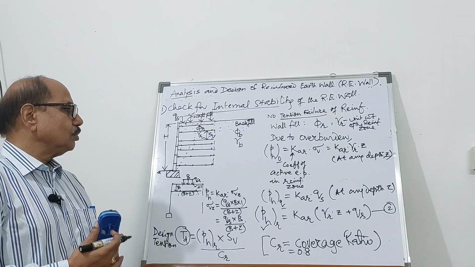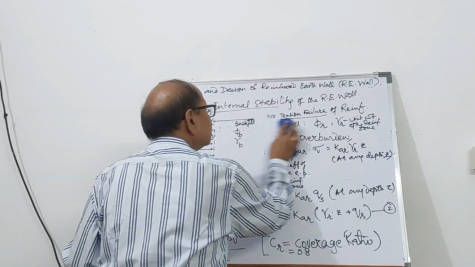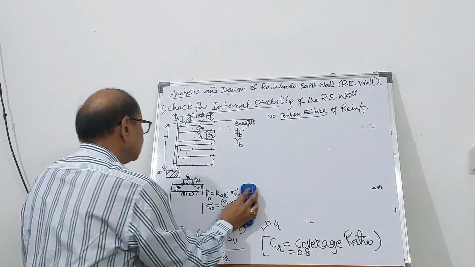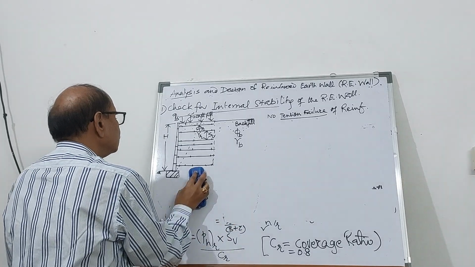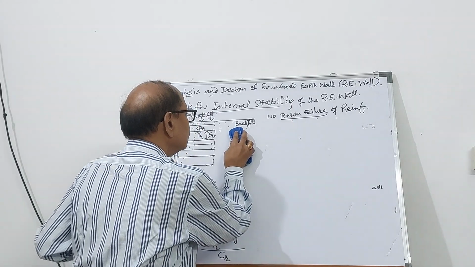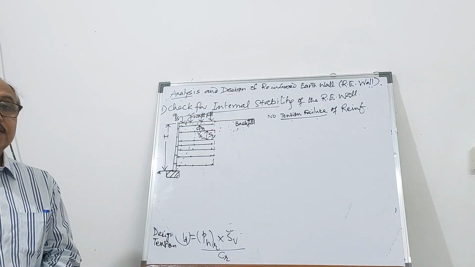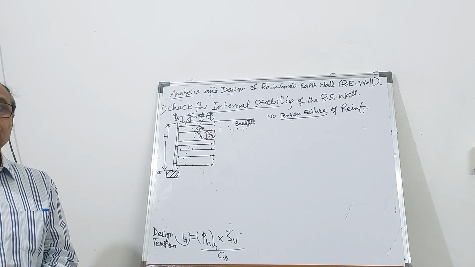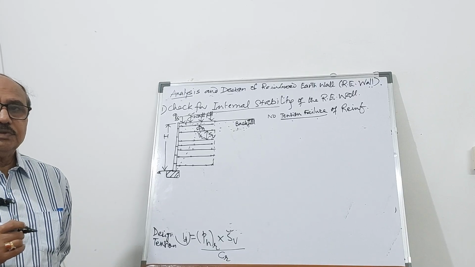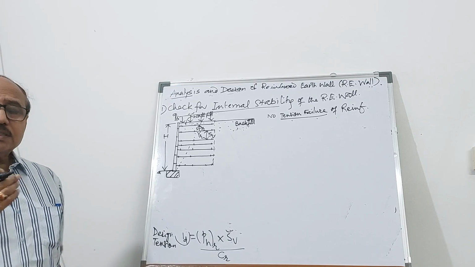Now, in continuation with further, friends, what should be the allowable tension? And what should be the relation between this allowable tension and this tension that is getting developed?